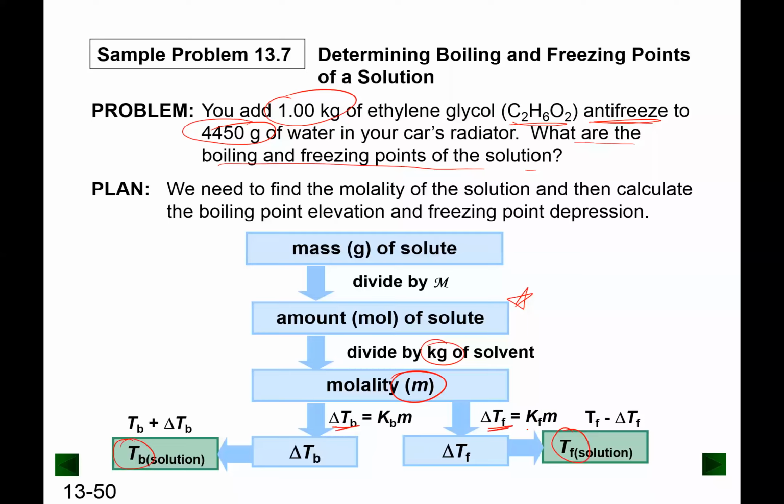So let's do this. So we're going to start off with our kilogram. And basically we know that 1 kilogram is 1,000 grams. And so we have 1,000 grams of our ethylene glycol. And we want to convert that into moles.